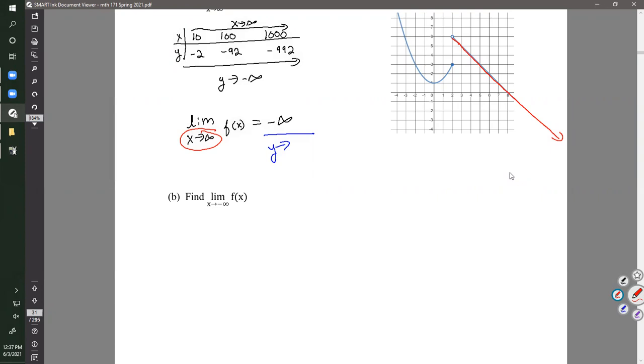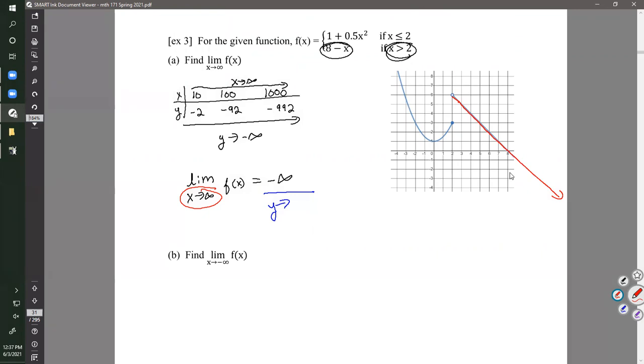So if we did this graphically, we're going to negative infinity. So you can notice that it just kind of shoots up, and it shoots up to positive infinity. So our answer is positive infinity.